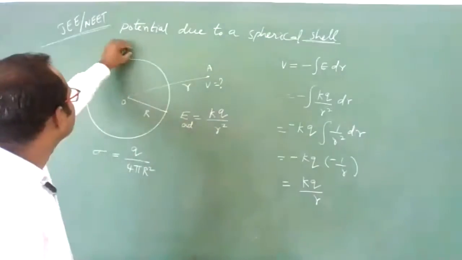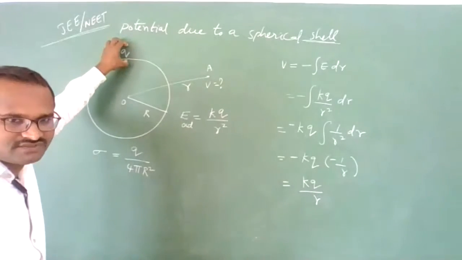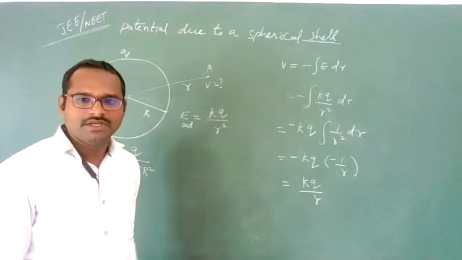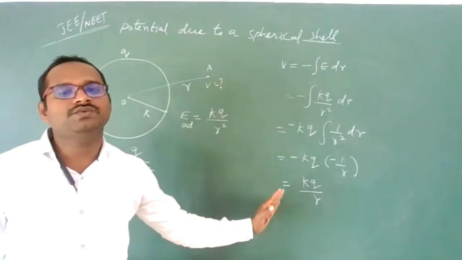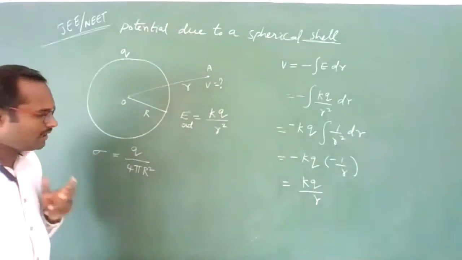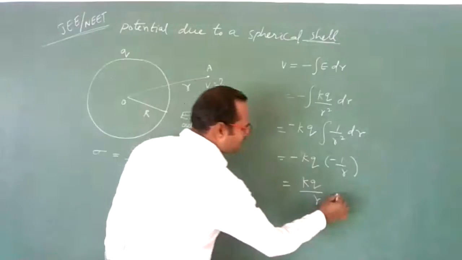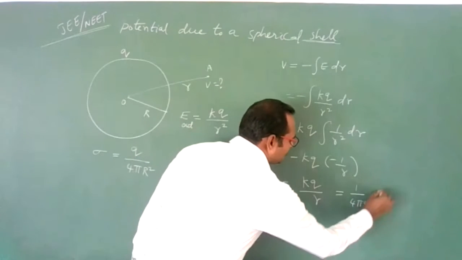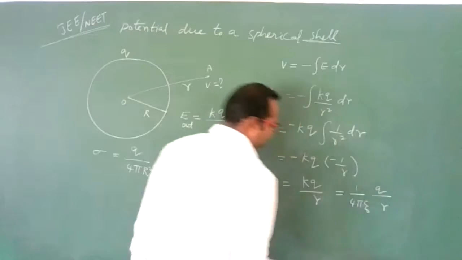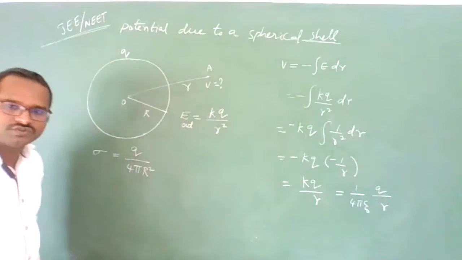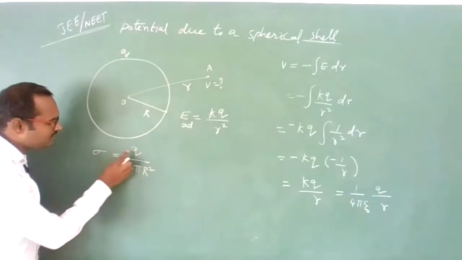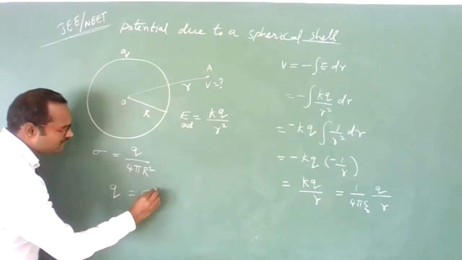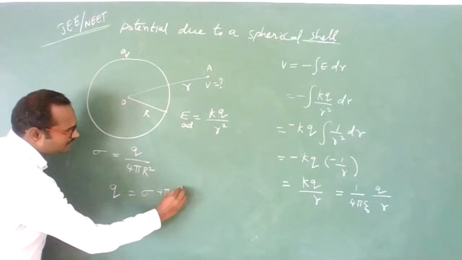Simply remember it is again kq by r. Here small q is the charge on the surface of this spherical shell, and r is the distance. You can write this in terms of sigma also. How? This can be written as k means 1 by 4 pi epsilon naught, q by r. As you know, sigma is equal to q by 4 pi R square, so q can be written as sigma into 4 pi capital R square.